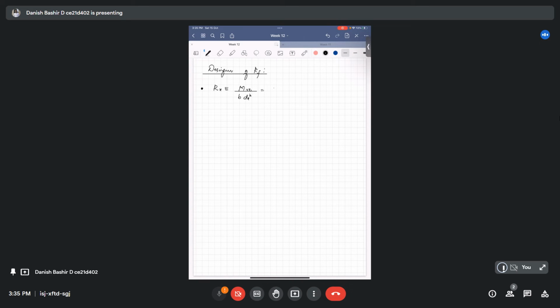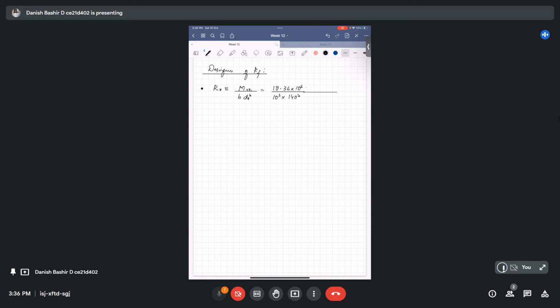MUX is 18.36. Moment was given in kilonewton meter per meter, so converting it into Newton mm, it will be 10 to the power 6, unit conversion. B is 10 power 3 because it's per meter, 1 meter width. 140 square. Let me write the units as well so that you may not confuse yourselves.